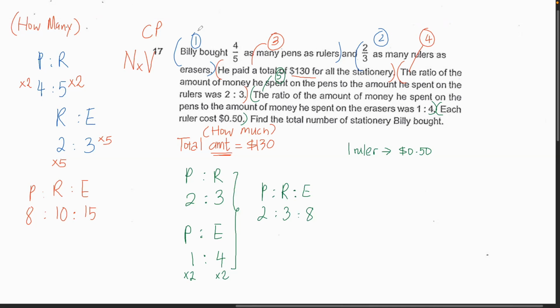Because if I look at the idea of number times value, for the ruler, I know that it is 10 units worth of ruler, I times 3 units. 3 units of the ruler, but that 3 units is the amount spent, correct?